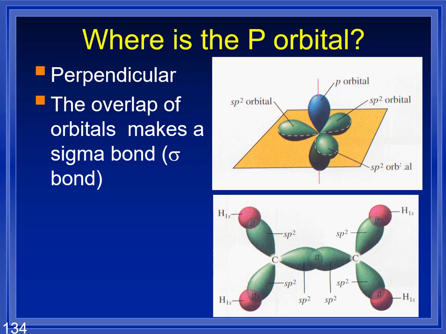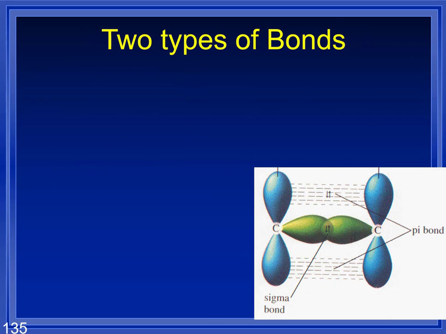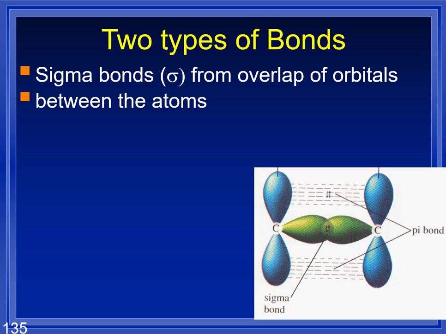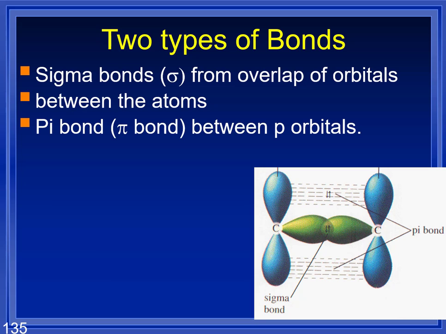So the sigma bond is between the atoms, and then I've got the pi bond above and below. So not only is this two trigonal planars, they're two trigonal planars that have to stay flat. This has got to be a flat molecule.